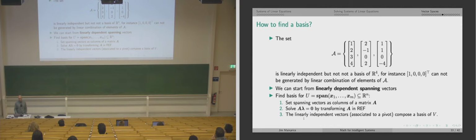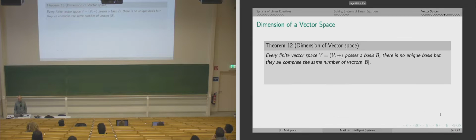Then the linearly independent vectors, which are associated to a pivot, compose the basis of the vector space V in the beginning. So it's just a way to use Gaussian elimination to find a basis for a vector space.